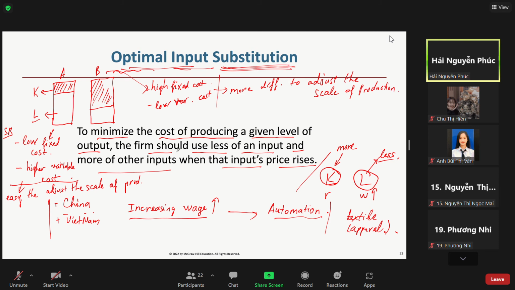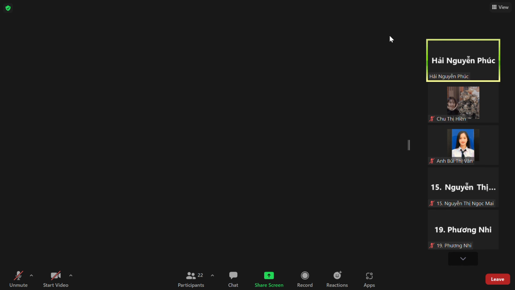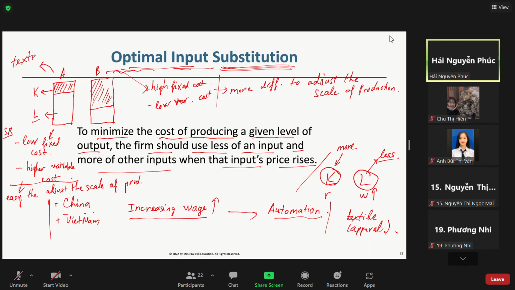Let me give you an example. For example, the textile industry is a labor intensive industry, and the oil industry is capital intensive.